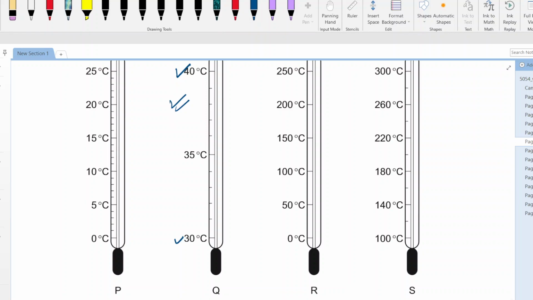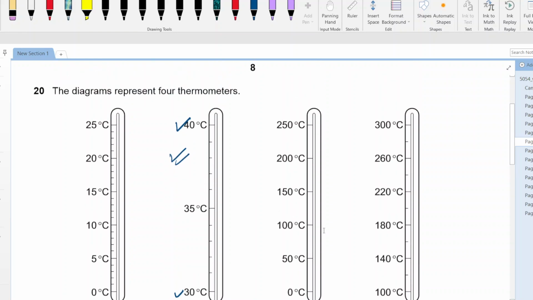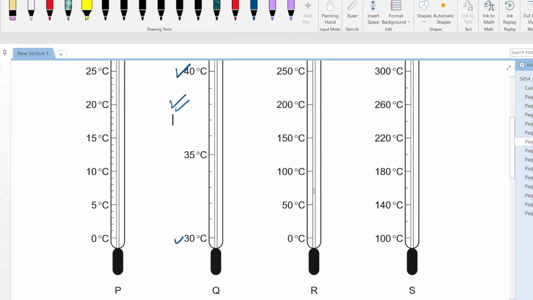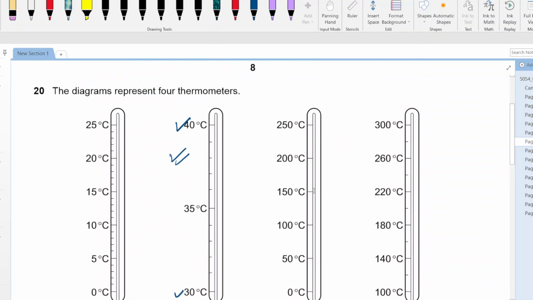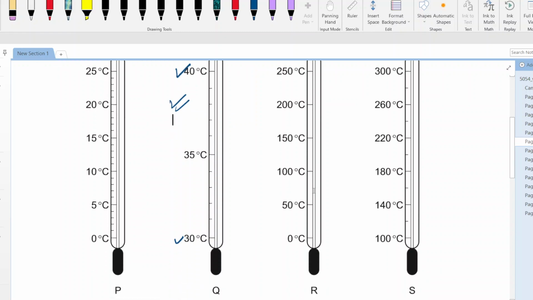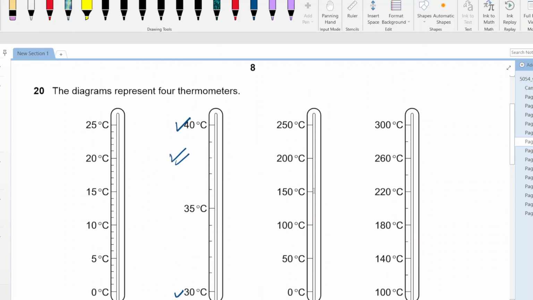And if I consider thermometer R, it starts from 0 and ends at 250 degrees centigrade. Therefore, its range is the greatest.